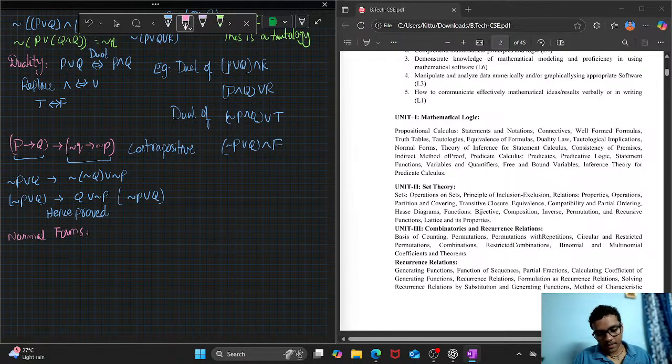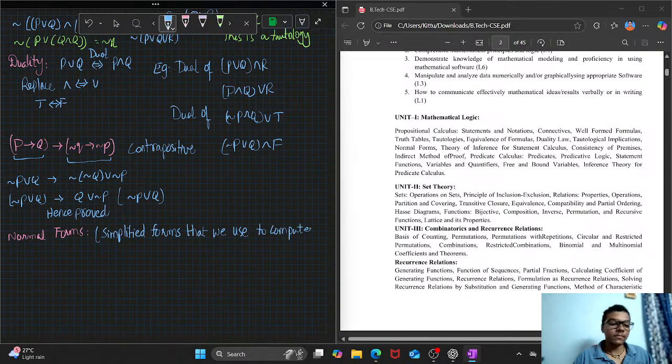By constructing and comparing two tables, all right. Some simplified forms that we use to compute statements with more variables.